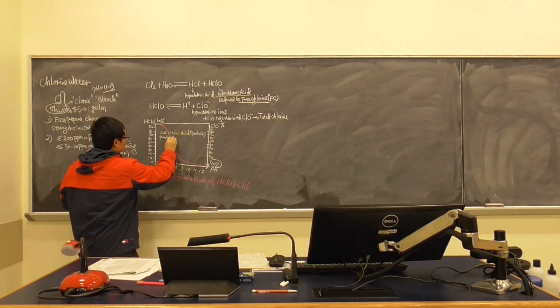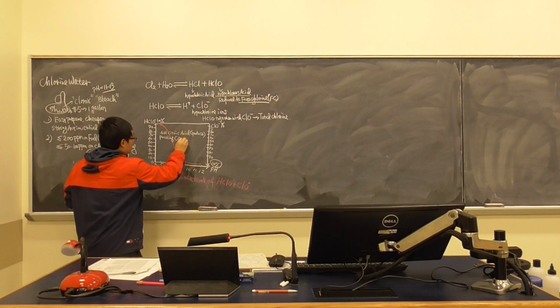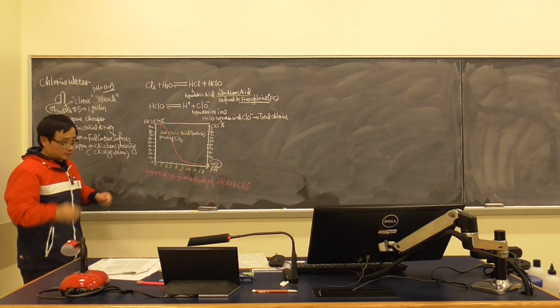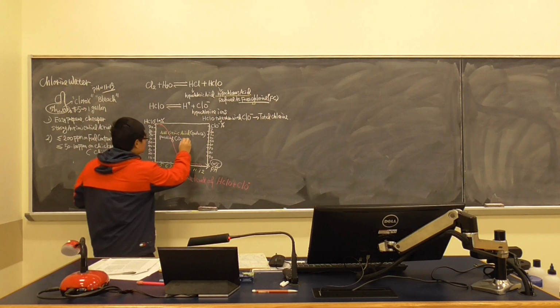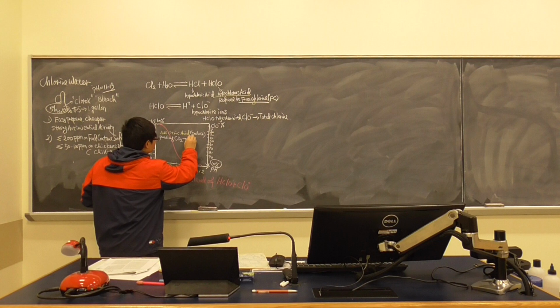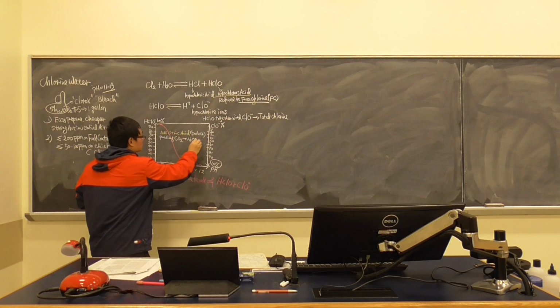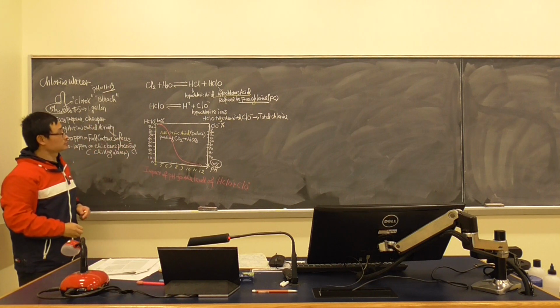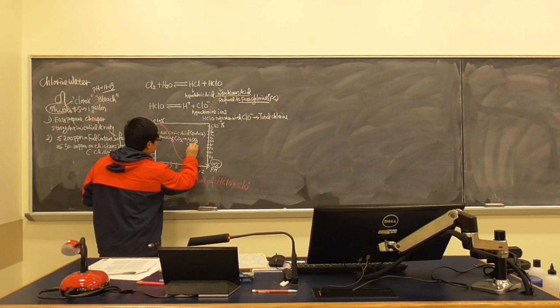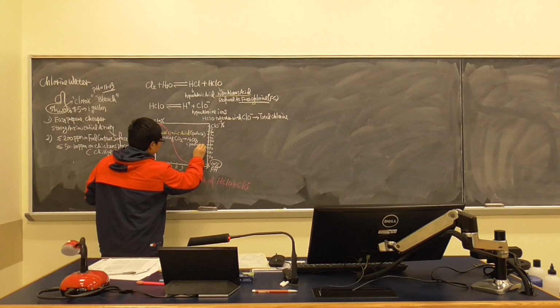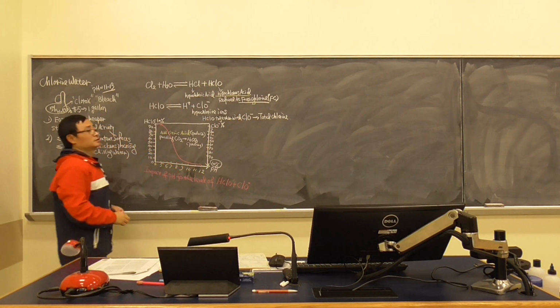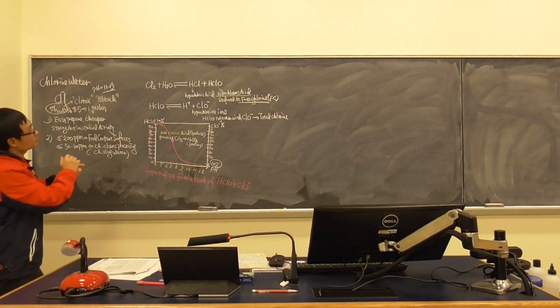Bubbling carbon dioxide. Because we are bubbling carbon dioxide, it will become a weak acid, carbonic acid. That's what the poultry industry did. Okay, so that's very important.